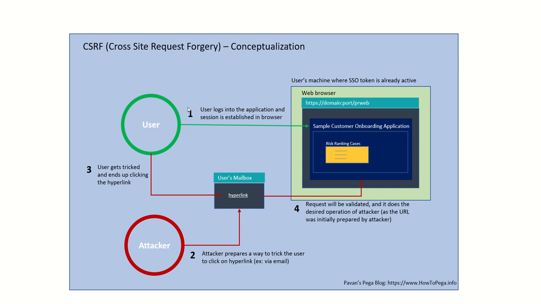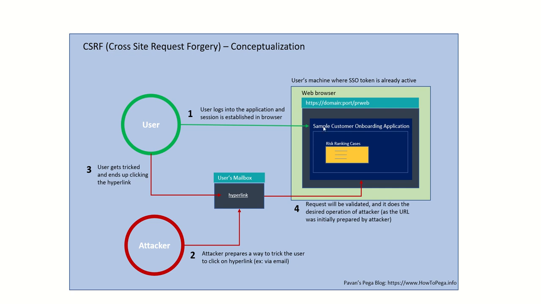So as part of point one, the user is logging into the application and establishing the session. From then onwards, whenever the user is trying to hit the same URL or getting redirected to the same application, the user will not be challenged with any login screen.